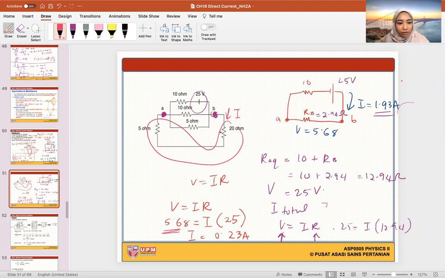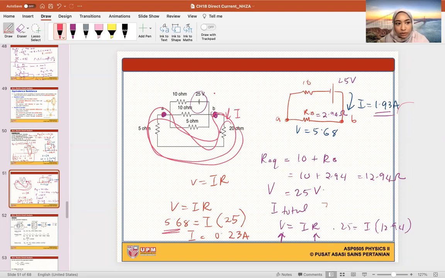Thank you, Nat Mango. I told you we want to find the I for the entire branch, so the resistance should be the total resistance for the entire branch, which is 25. That means the voltage I need to use is also the voltage for the entire branch, in this case VAB, which is 5.68.